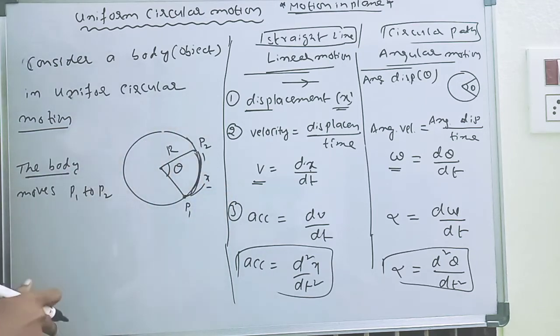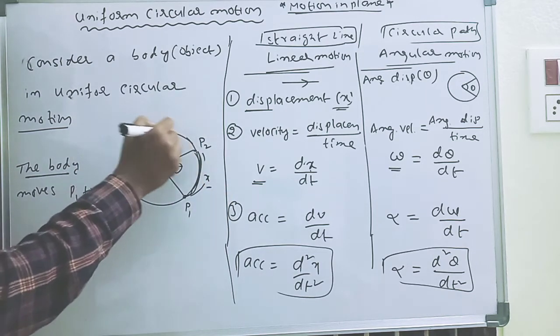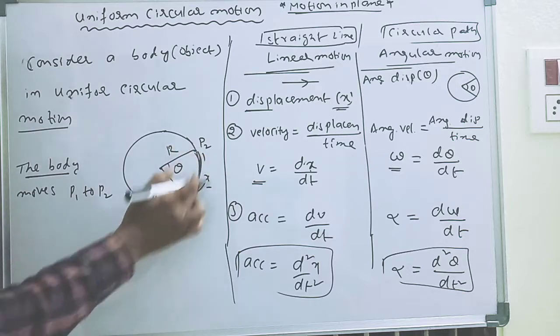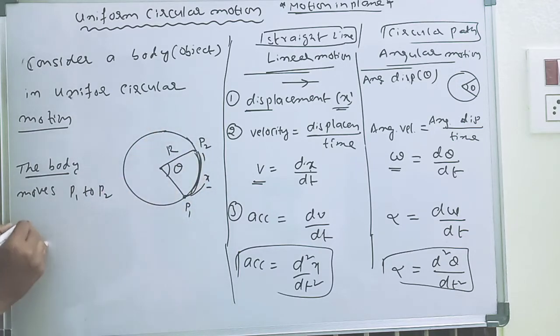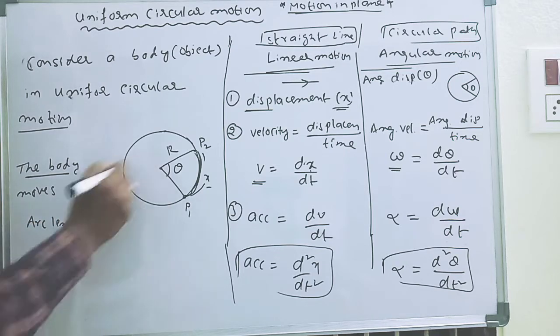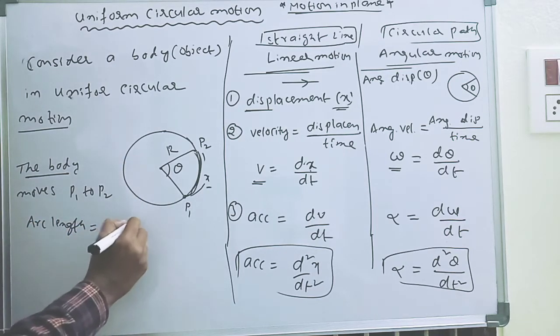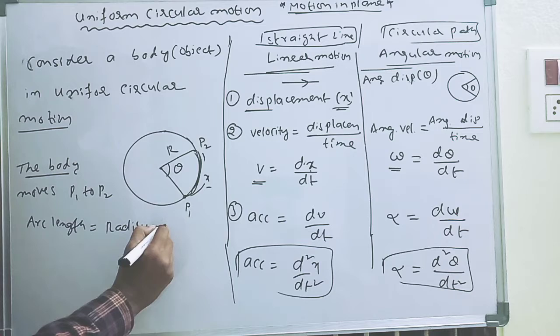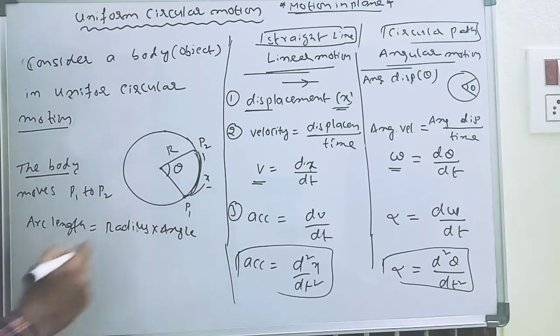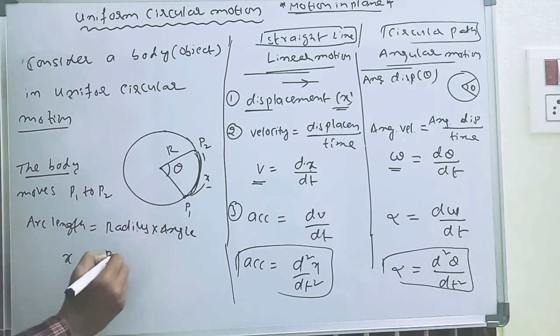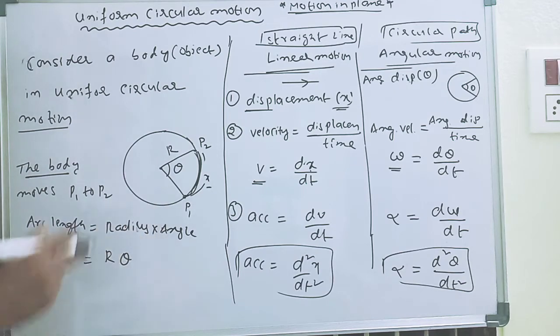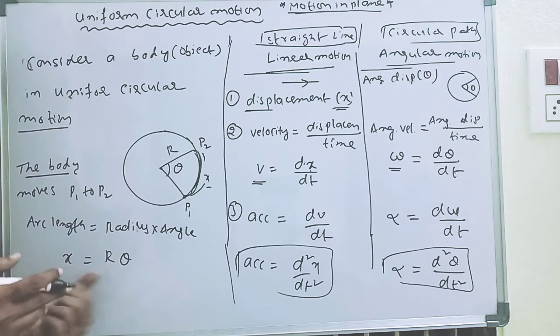So from this diagram, according to maths, this is nothing but arc length. How to calculate arc length? Arc length is equal to radius into angle. So this arc length is equal to x, radius is r, and the angle is theta. So this is the relation between linear displacement and angular displacement.